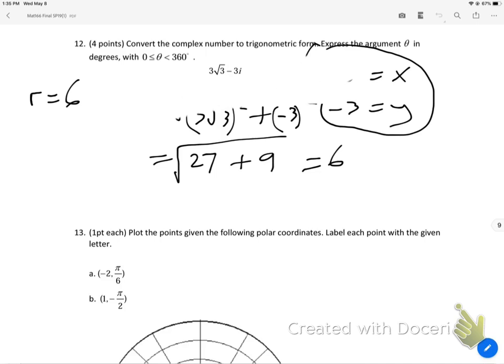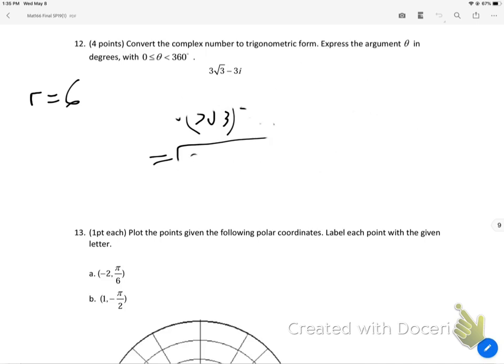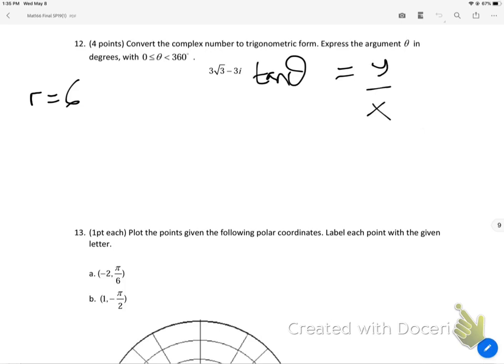Right, what do we do next? Still on this, we need to find out what the actual angle theta is. It is just y over x, that's the tangent of theta.